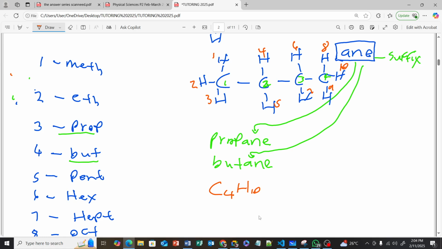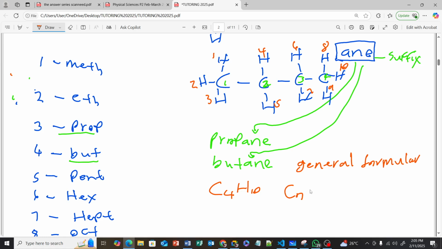So now if ever you want to determine an unknown, a general formula, remember the word general. The word general means it must work for any molecule in this homologous series. So it will be Cn. Let's assume that you don't know the number of carbons, so it's Cn.